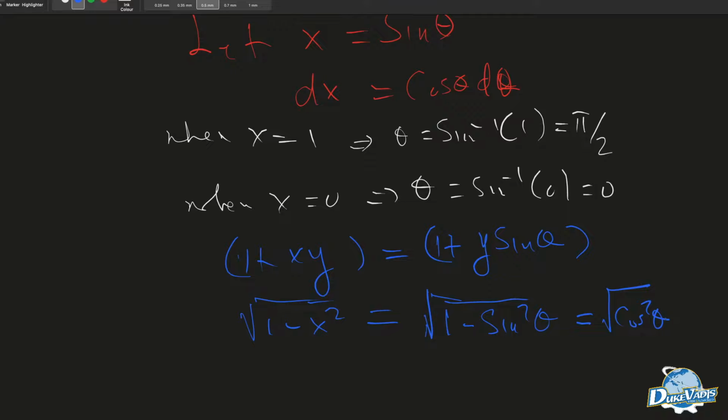All right, so let's substitute all those back into the integral.